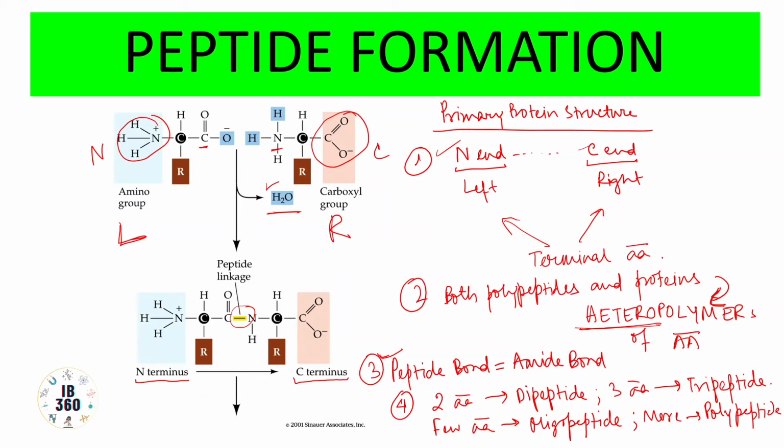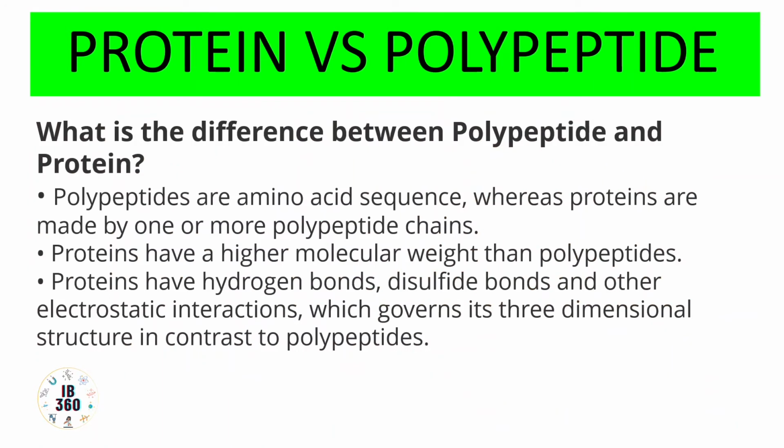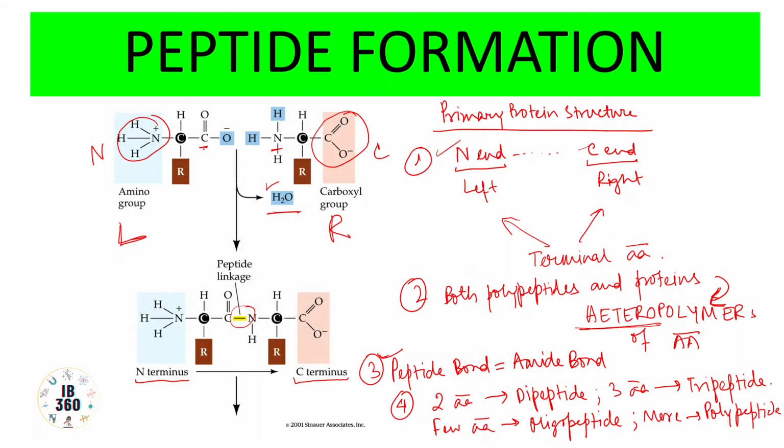Then what is the difference between polypeptide and protein? So you see, polypeptides are when many amino acids, they are establishing peptide bonds or amide bonds between themselves by eliminating a water molecule between the carboxyl carbon and the amino nitrogen.